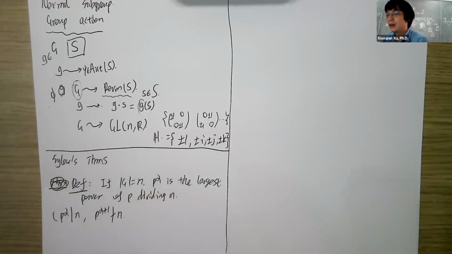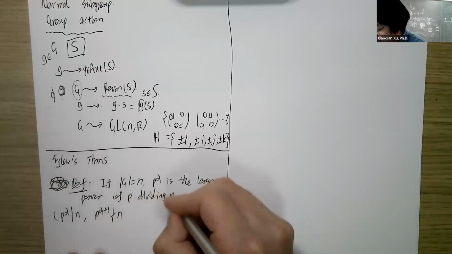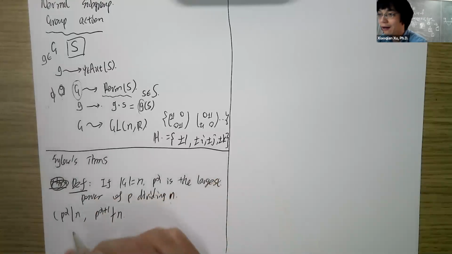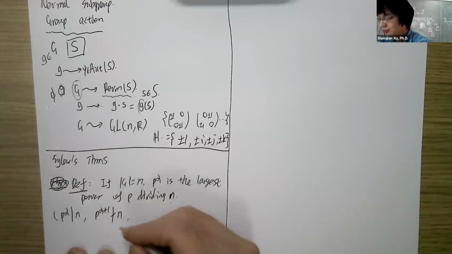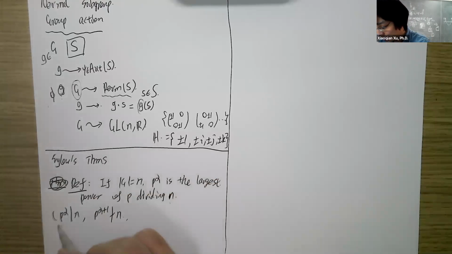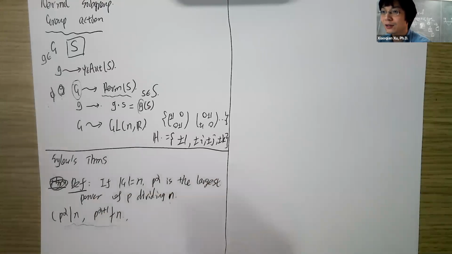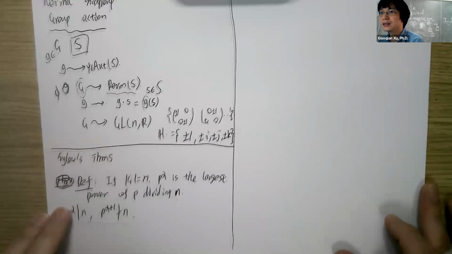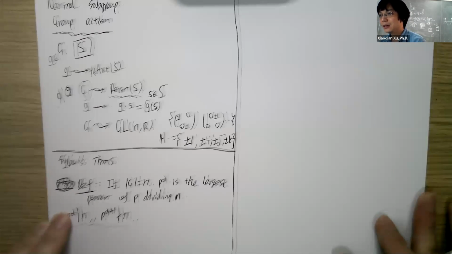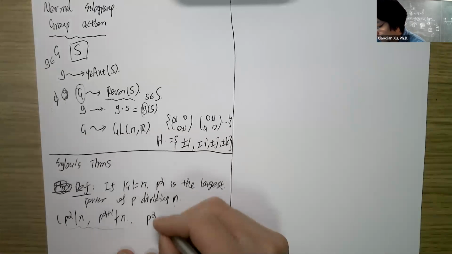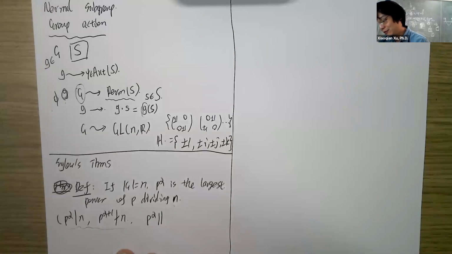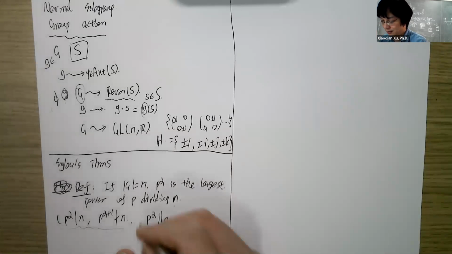If you factor n, you'll find there is a p to the alpha factor. In some literature, this is given a notation, although it is not common: p to the alpha, double vertical line, n.